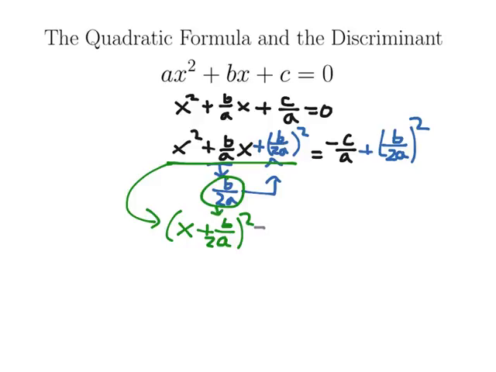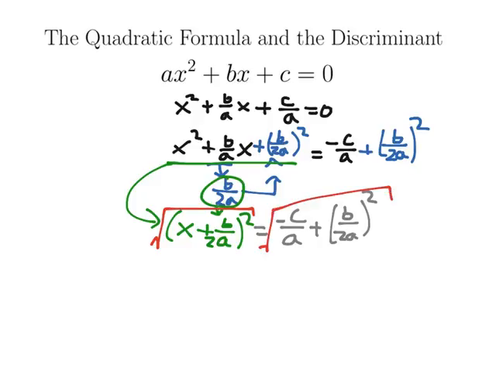And on the right-hand side, we have this whole mess of negative c over a plus b over 2a squared. Now if I take the square root of both sides, x plus b over 2a is going to be equal to plus or minus this really messy square root.